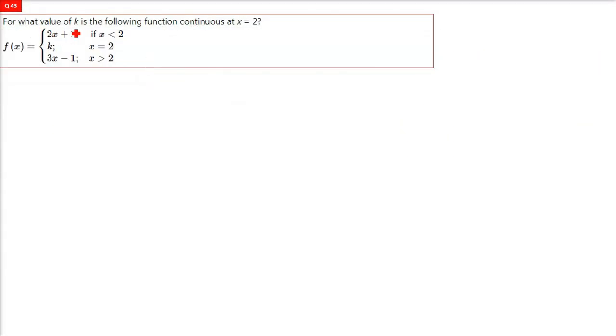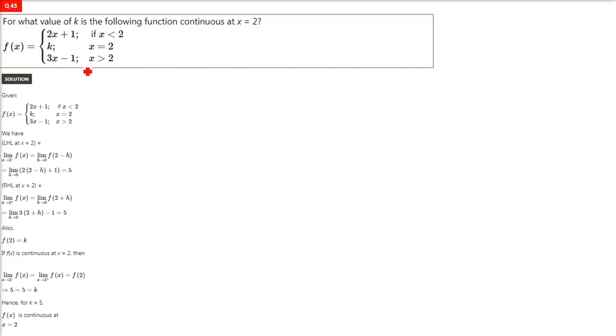For what value of k is the following function continuous at x equals 2? So we have to check at x equals 2, a step back and a step forward: x is less than 2, x is greater than 2. Both the functions are given, 2x plus 1 and 3x minus 1.